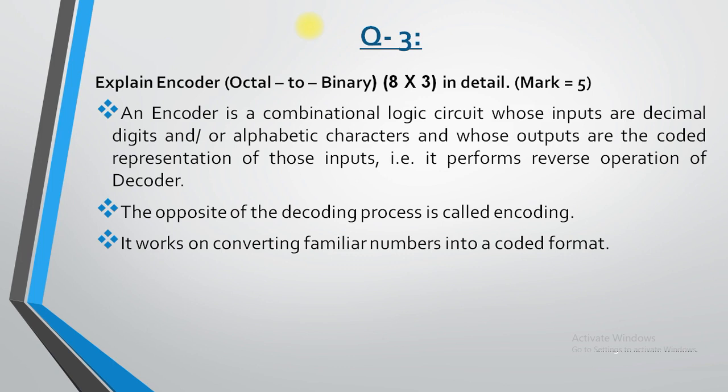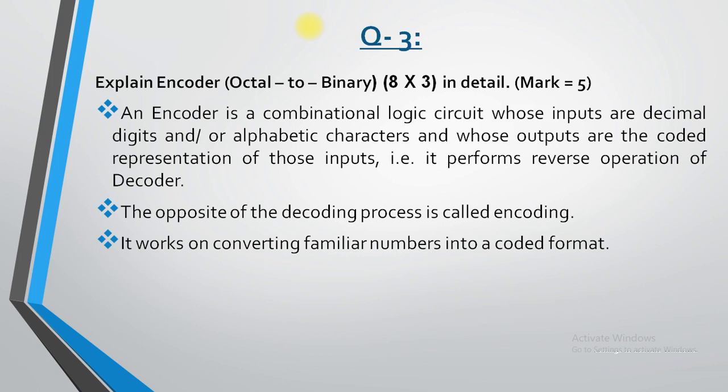As I have told you, whatever task you have performed with a decoder, the reverse operation you have to perform with the encoder. The opposite of the decoding process is called encoding. It works on converting familiar numbers into coded format. So when you want to convert number format into coded format, at that time encoders are used.